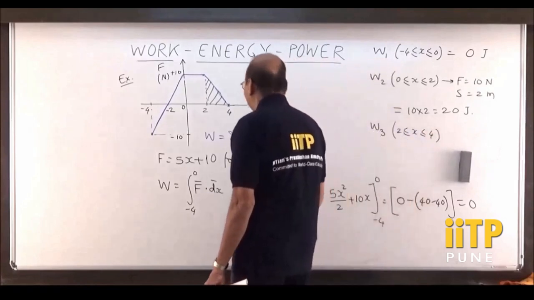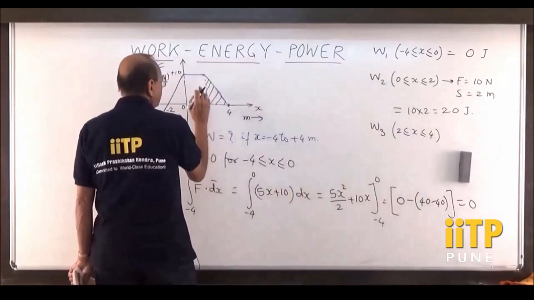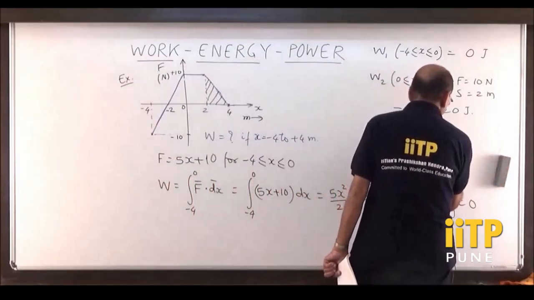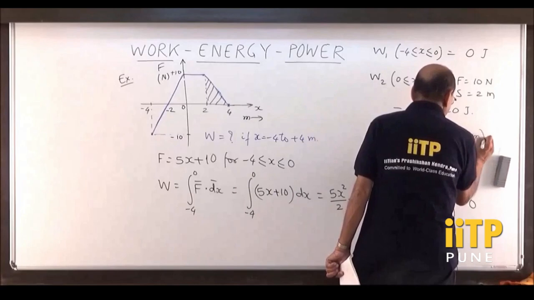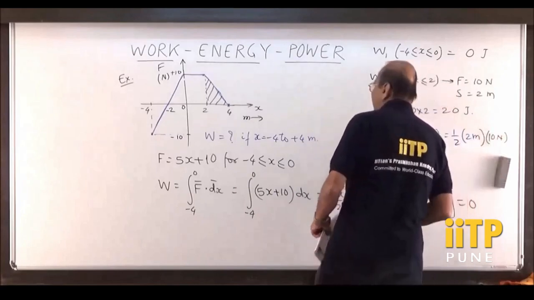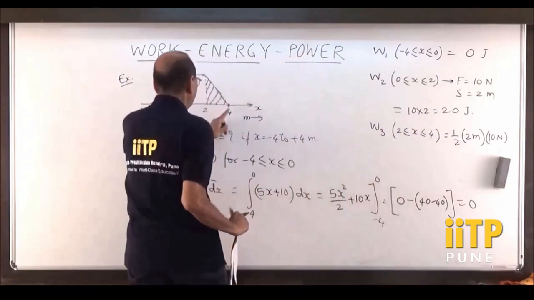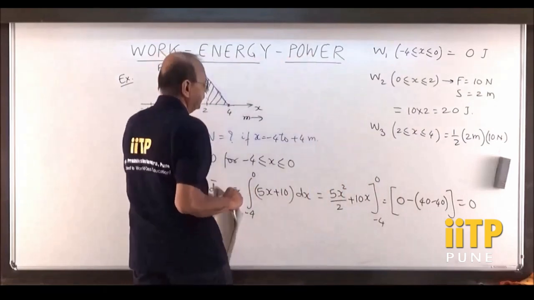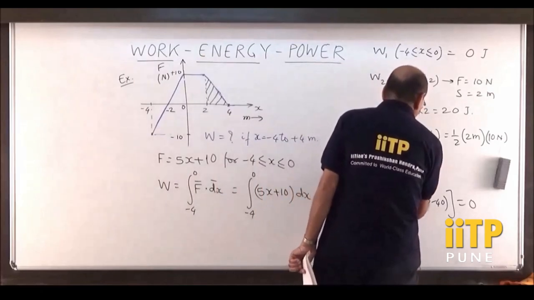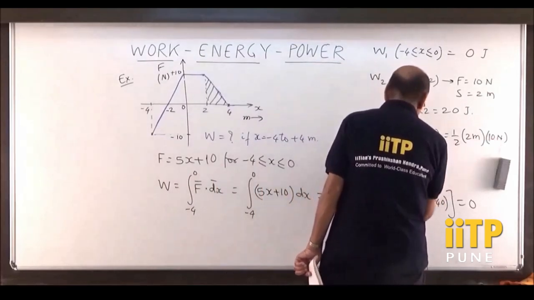For this purpose the area under the curve is half base into height. So I can write this is equal to half, 2 meters into 10 newtons. Base from 2 to 4 is 2 meters, height 10 newtons. Half base into height is nothing but equal to 10 joules because newton meters is joules.